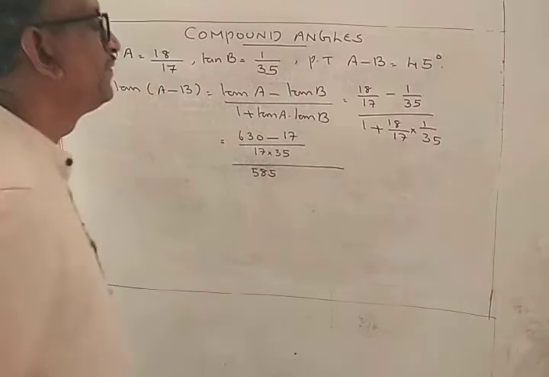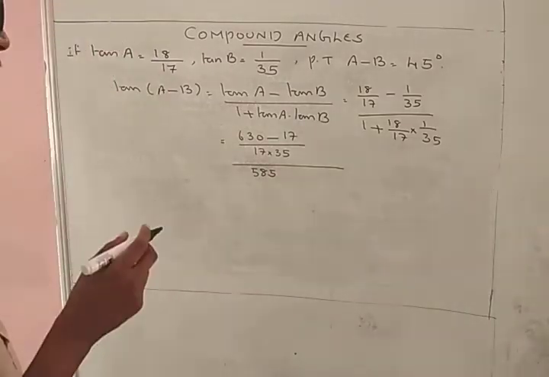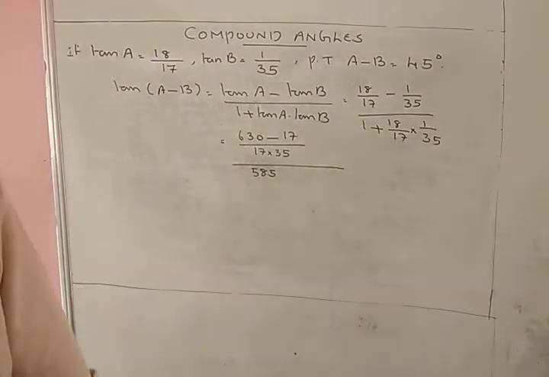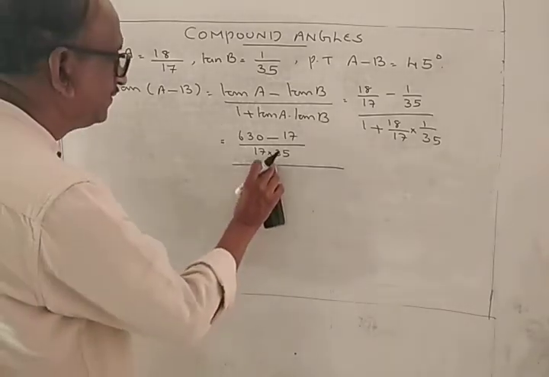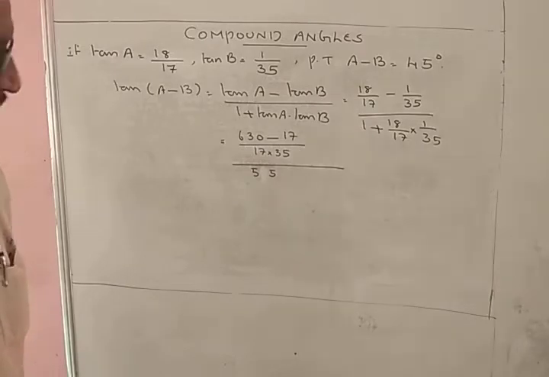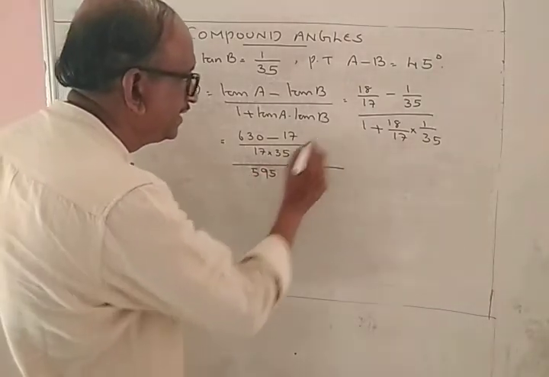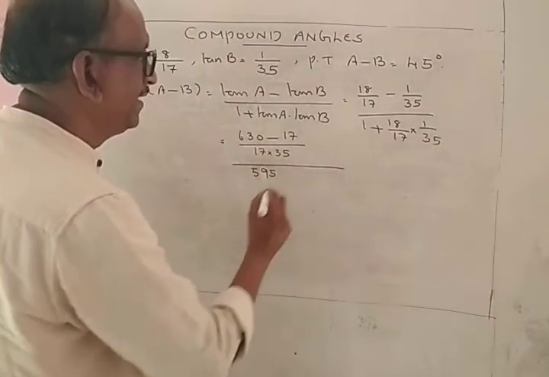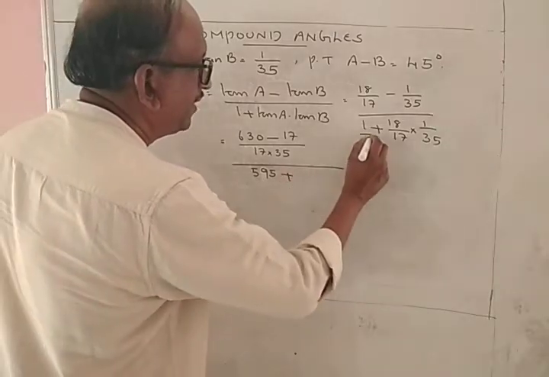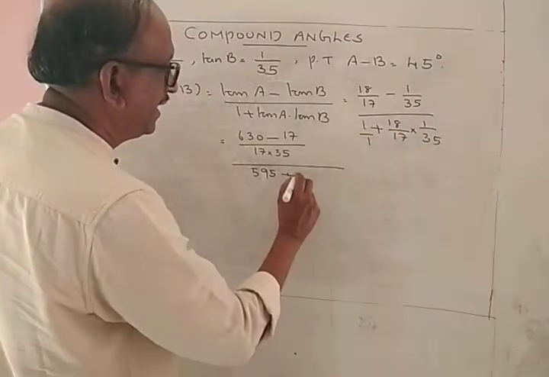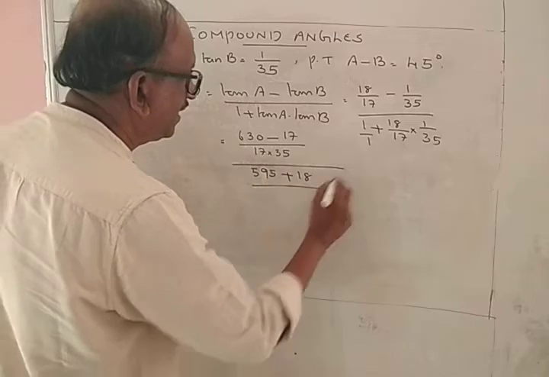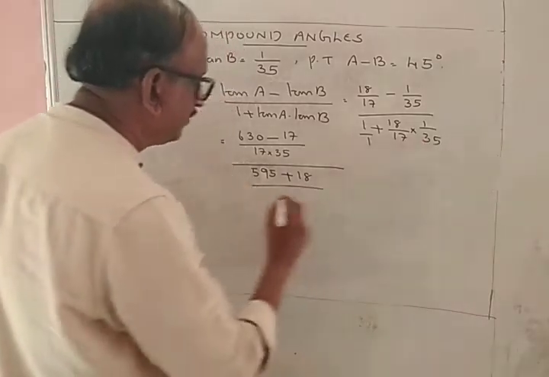1 into 17 into 35 is 595, sorry, 595. Plus here 1 by 1 into 18 into 1, 18, divided by 1 into 17 into 35.